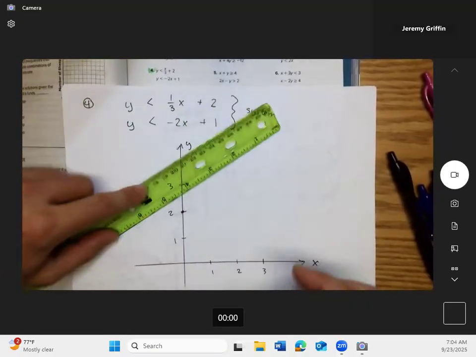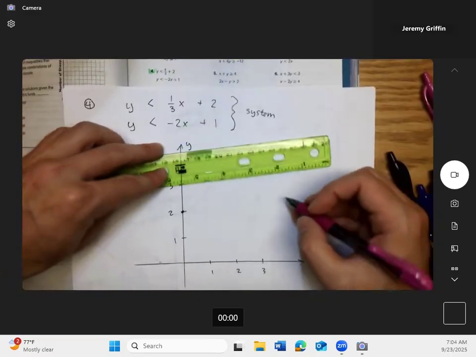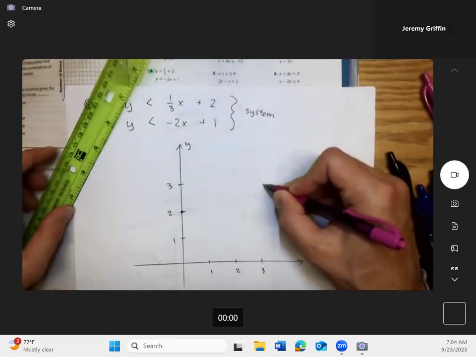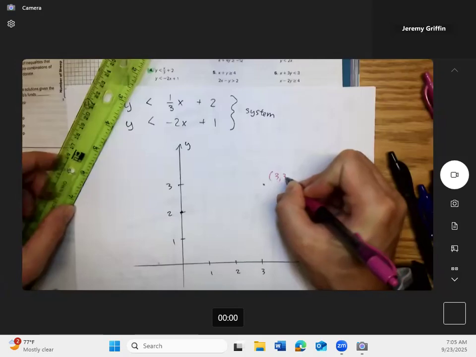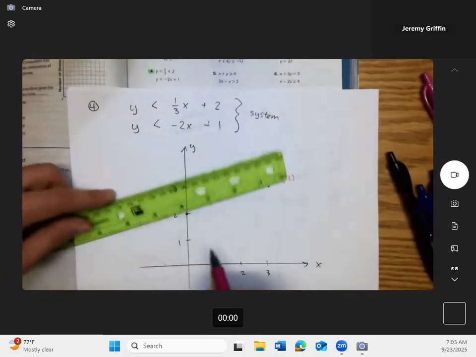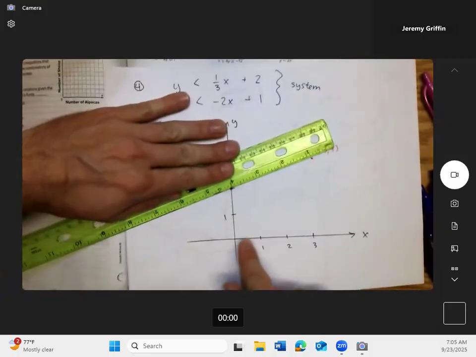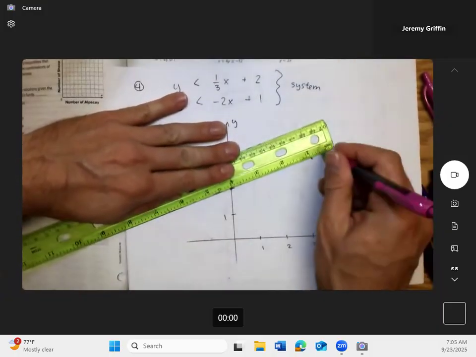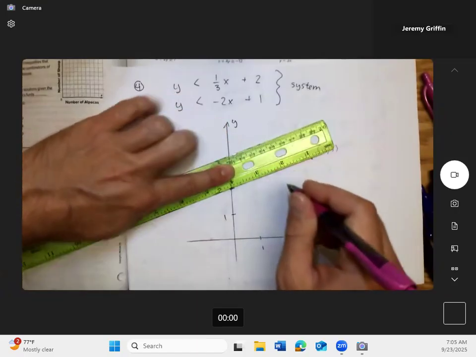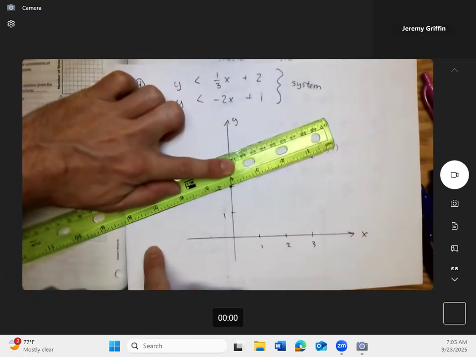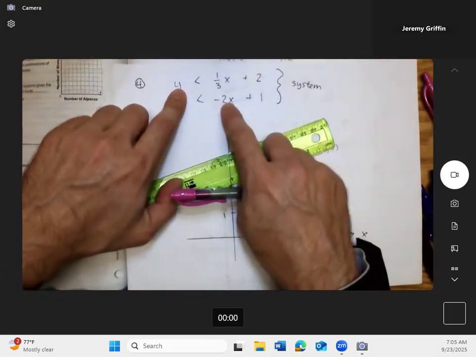But it is up 1 over 3. So I got a point over here. This would be the point 3 comma 3 right here, because that would be up 1 over 3. Now, if I go back the other way, I think I made the graph too big, because I would commonly be interested in knowing what the x-intercept is. But the x-intercept is where y is equal to 0.